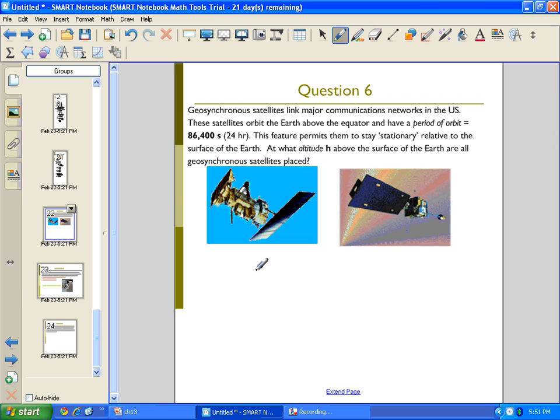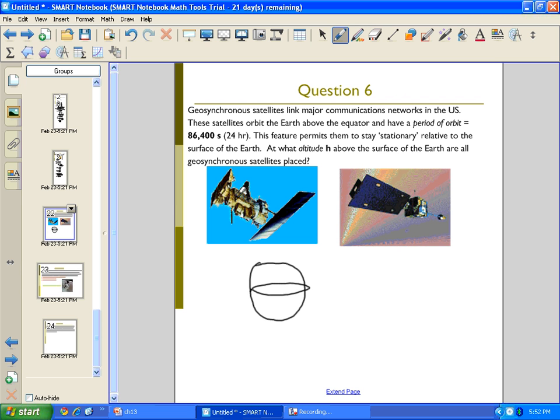Here we're told that a geosynchronous satellite is a satellite whose orbit above the equator of the Earth has the same rate of rotation as the Earth. So in other words, if it takes the Earth 86,400 seconds to rotate about its axis, that's how long it takes for the satellite to go around the Earth, so that the satellite is always at the same fixed point about the Earth.